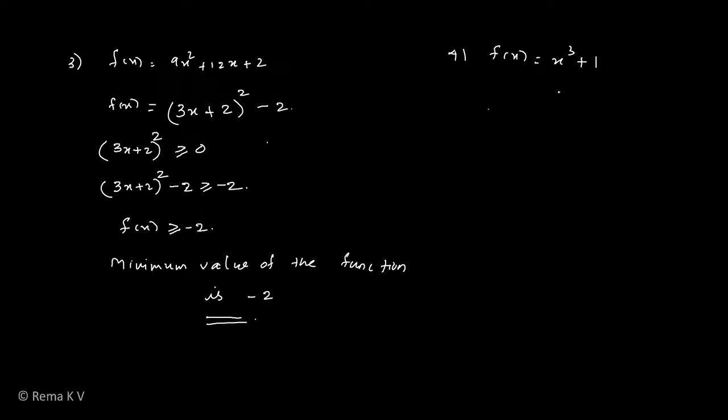So here in this case, if we consider the value of x as negative and taking x as smaller values, then the value of f of x will become more and more smaller.